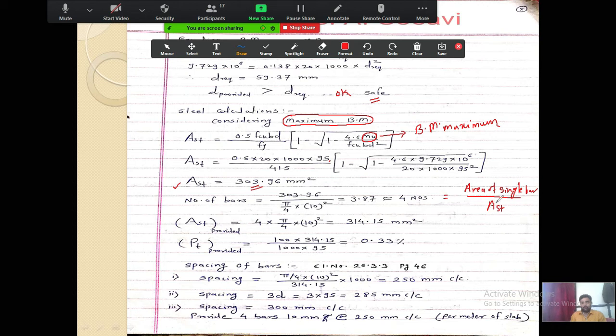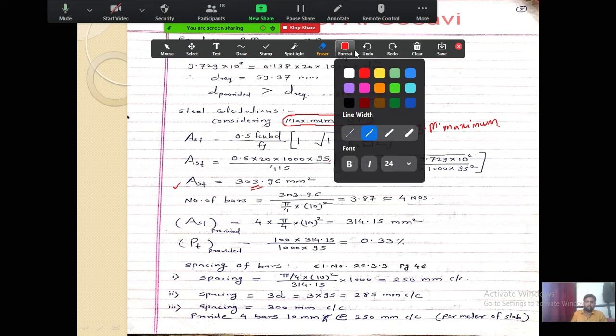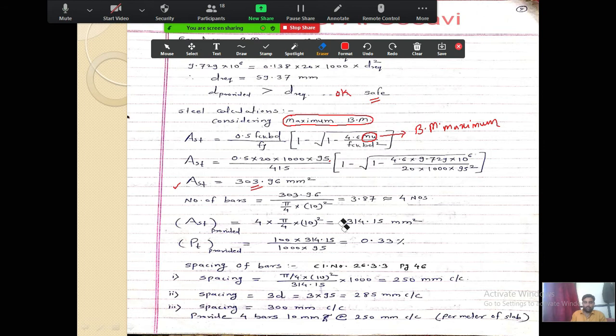Sorry, I think the reverse is true. So here, area of single bar by total Ast into 1000 gives you the spacing. The formula for the number of bars is total area of steel provided, that is total Ast, divided by area of single bar.